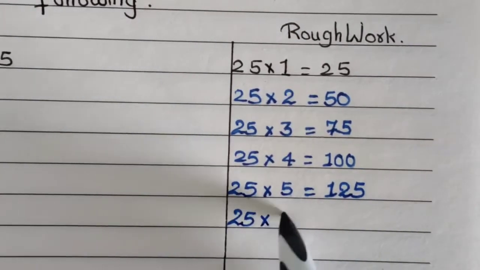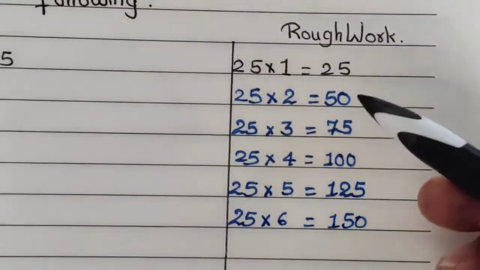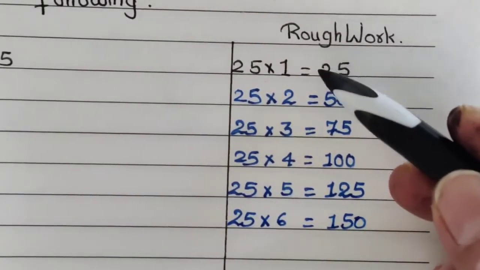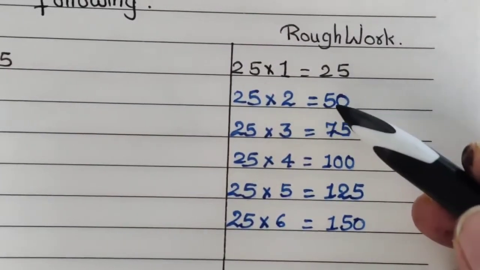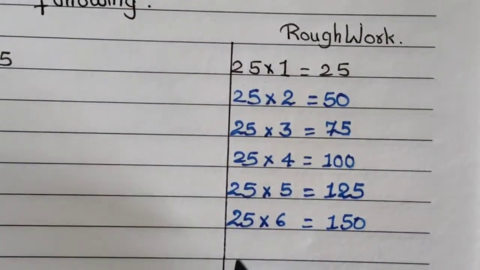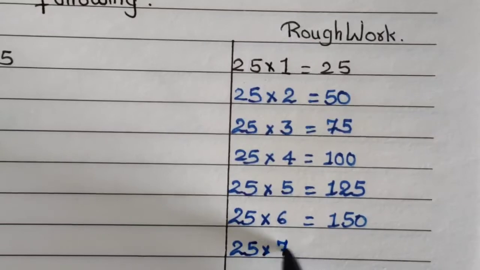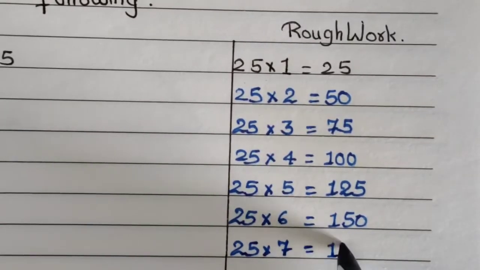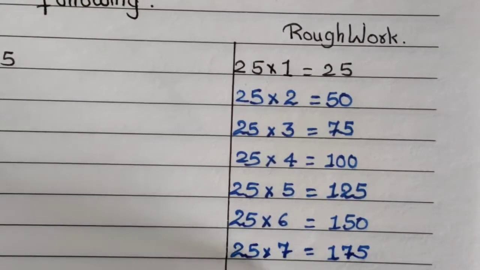25 sixes are 150. As you could see here, only 1 is being added after 4. So 125, 150, and now 25 sevens will be 175, and 25 eights are 200.